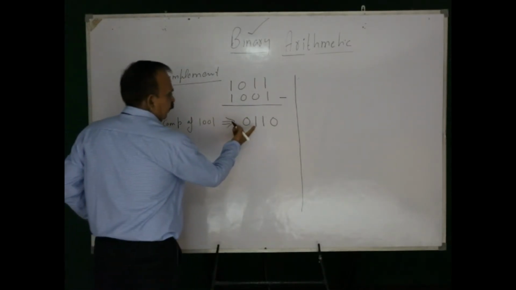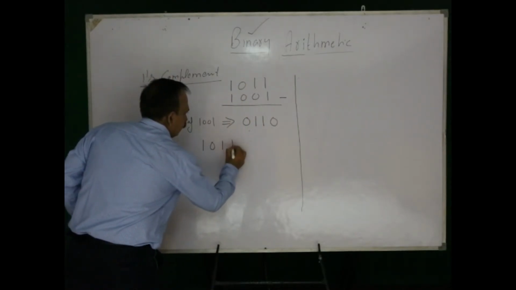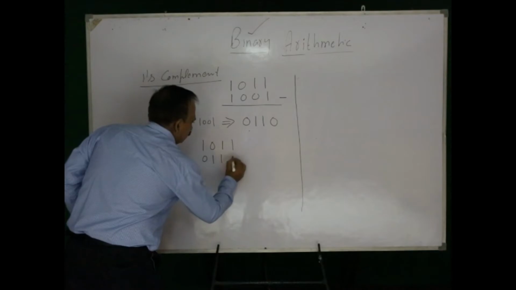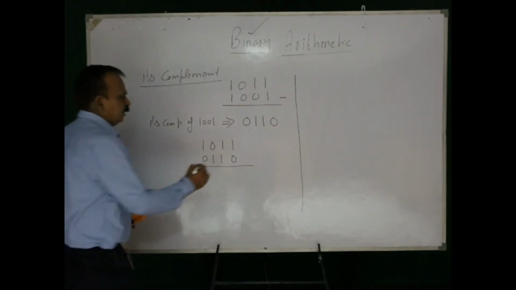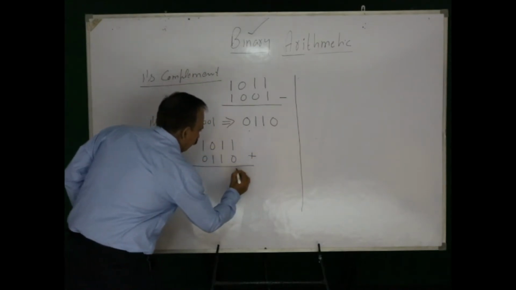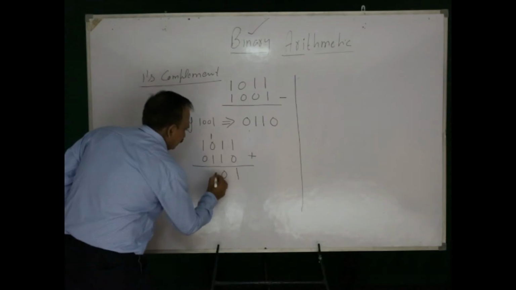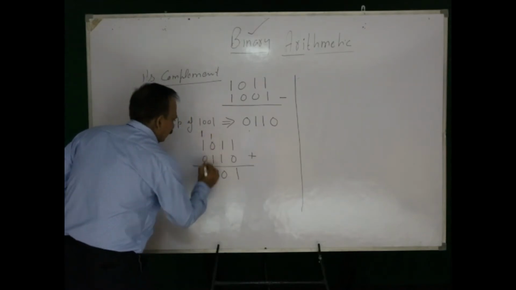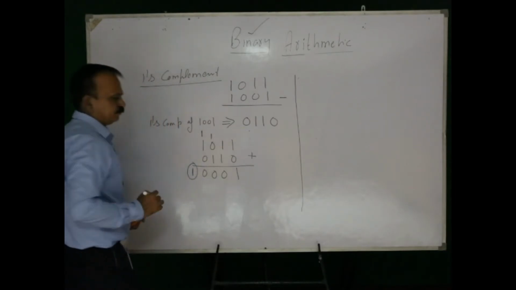Now add this 1's complement to the other number, say 1011 and 0110. Add these two numbers. Now what will be result? 1 plus 1 is 0, the carry is 1, 0, the carry is 1, 0 and the carry is 1.